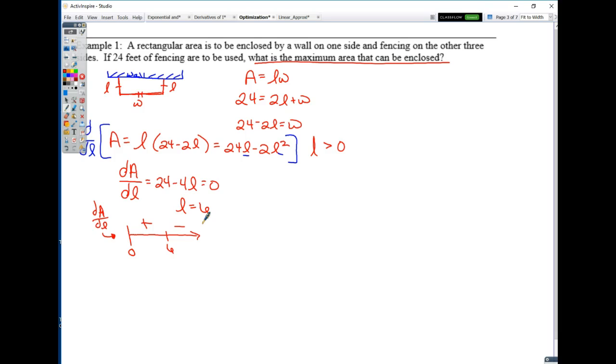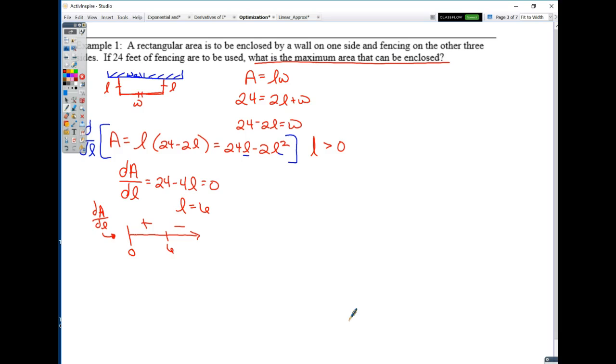So when L equals 6, that gives you dl, which is 0. Yes. Bingo. That's where we have a slope that, if we look at the actual function, A is going to increase up to 6, and then at 6, it's going to start to decrease.